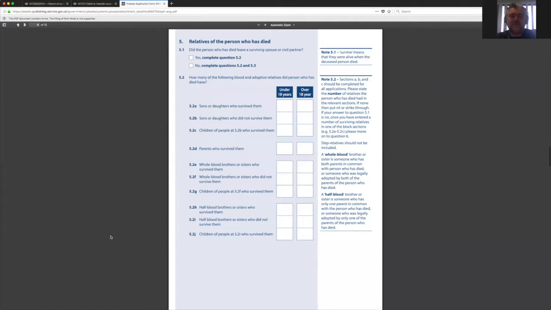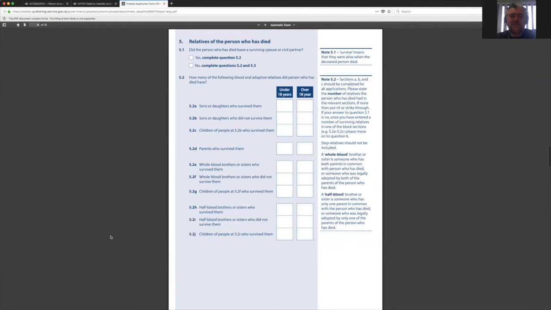If there is no will, then that position is called intestacy, which governs the right to inherit. This webinar does not deal with that subject. However, if the deceased did die intestate, then you need to be certain that you are the person or one of the persons entitled to apply for probate, as otherwise your application may be rejected.